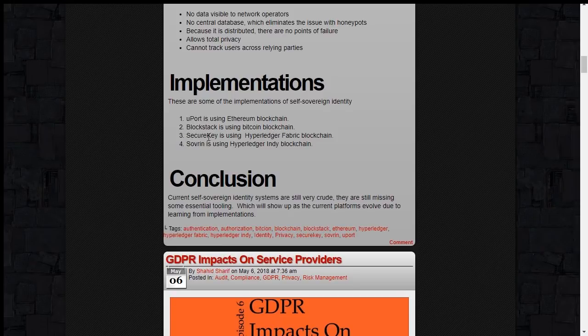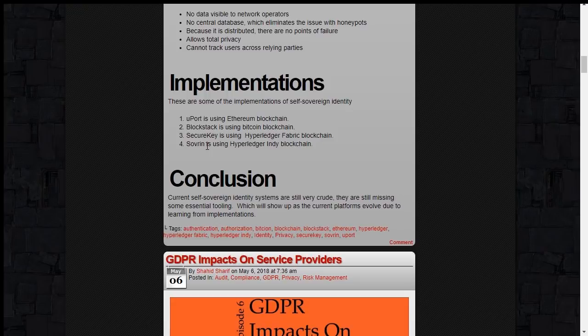SecureKey is being used a lot in Canada. Uport, I've had Uport for a while now, I've never used it myself. And then Civic also has something, which again, there's not a lot of use for it. People have created them, but not a lot of use for it.